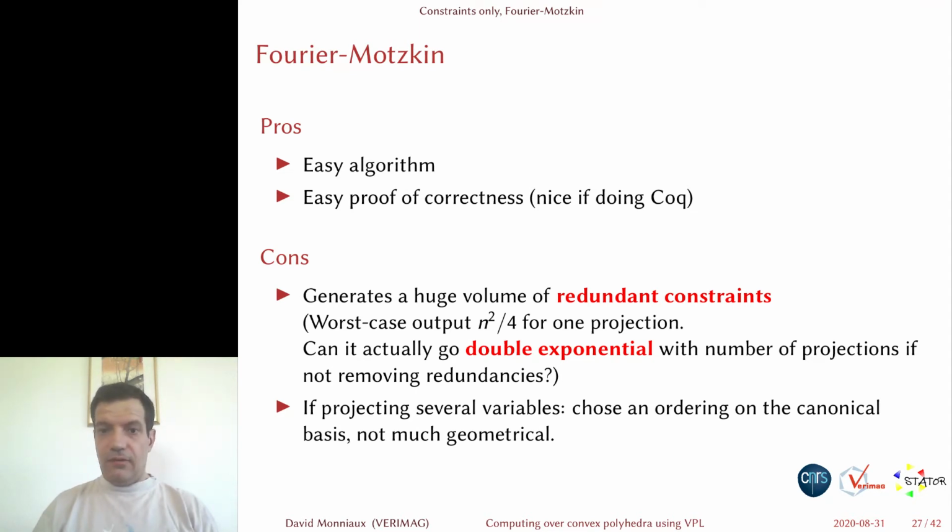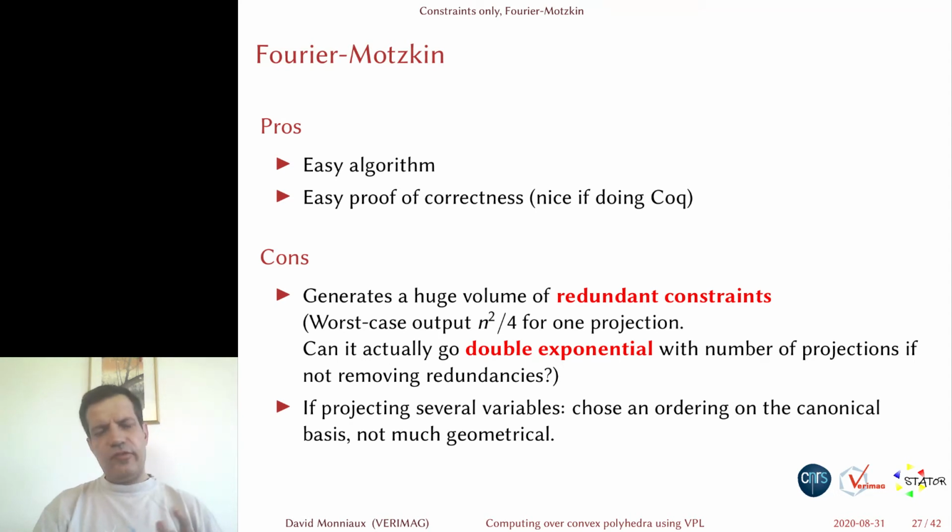And it does not make sense geometrically, because you can show using upper bound theorems on the number of faces of polyhedra that you cannot have this squaring behavior at every step. So this means most of these constraints are actually redundant. So if you're doing Fourier-Motzkin, you're always doing a lot of redundancy elimination, and this is what will cost you.